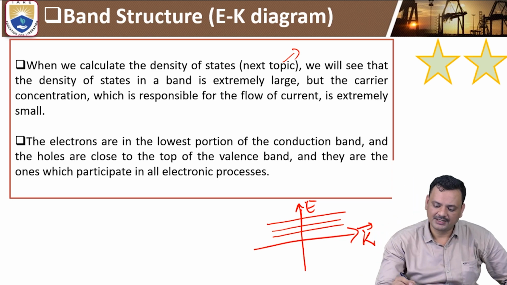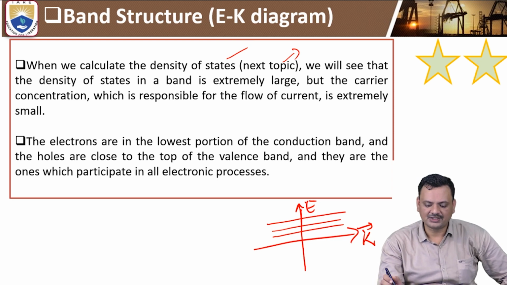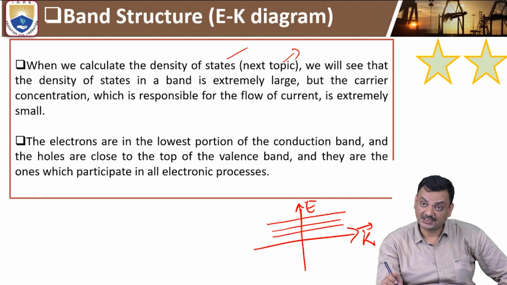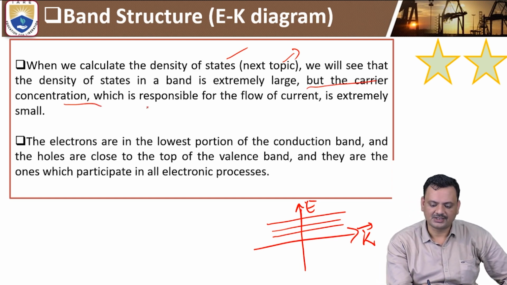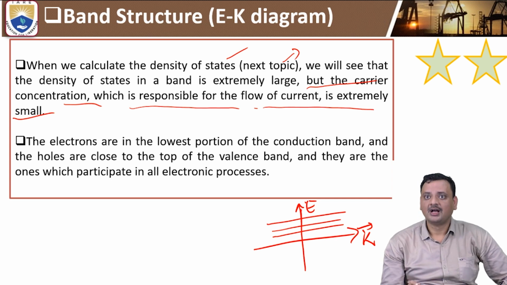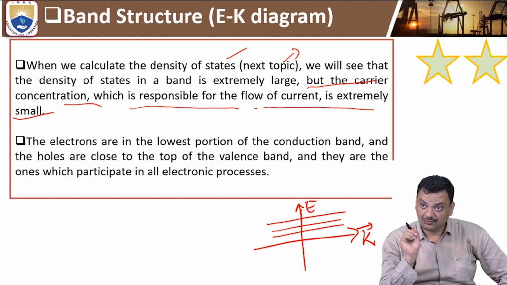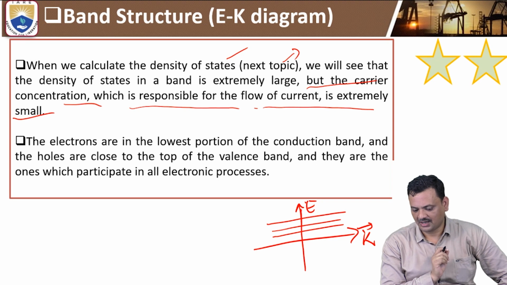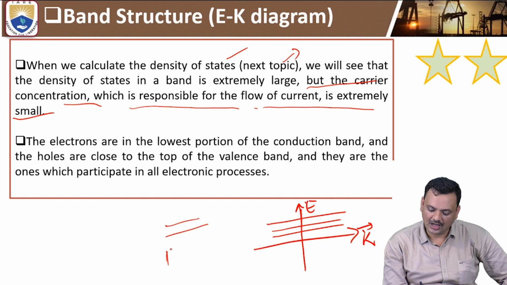When we calculate the density of states, we will see that the density of states in a band is extremely large, but the carrier concentration which is responsible for flow of current is extremely small. Density of states means available states for all electrons.